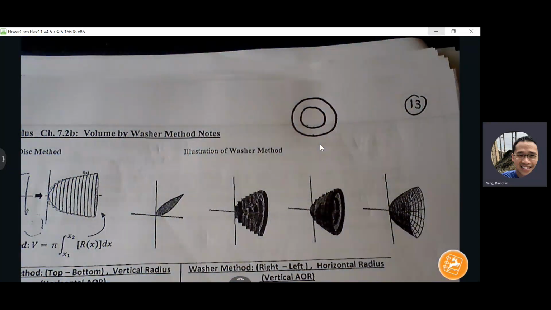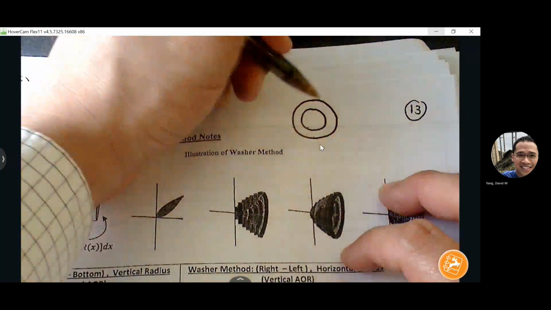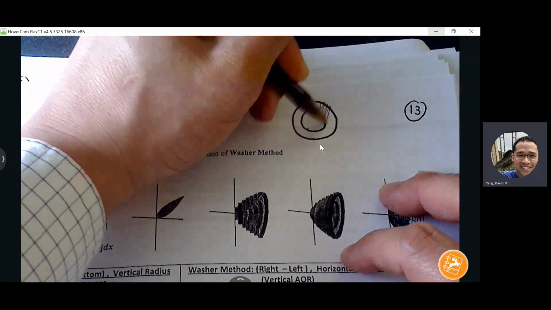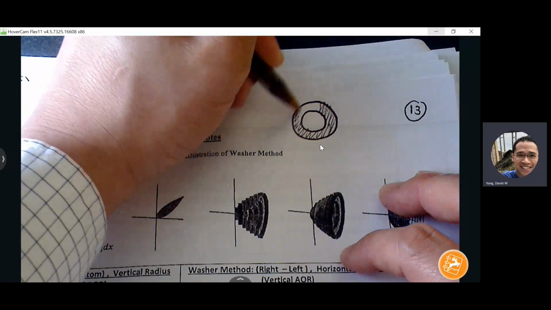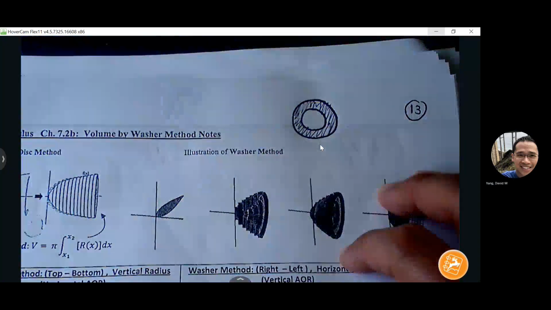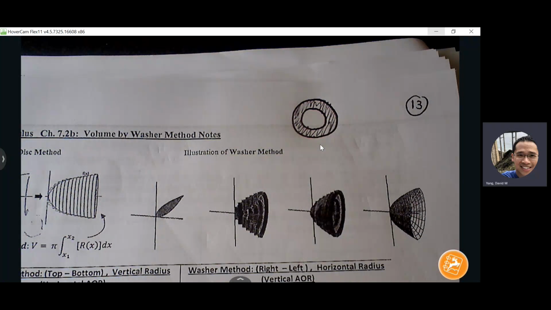Let's say we have a circle within a circle, and I asked you to find the area of the region between the two concentric circles. How would you go about finding it? What information will we need to find the area of that region?